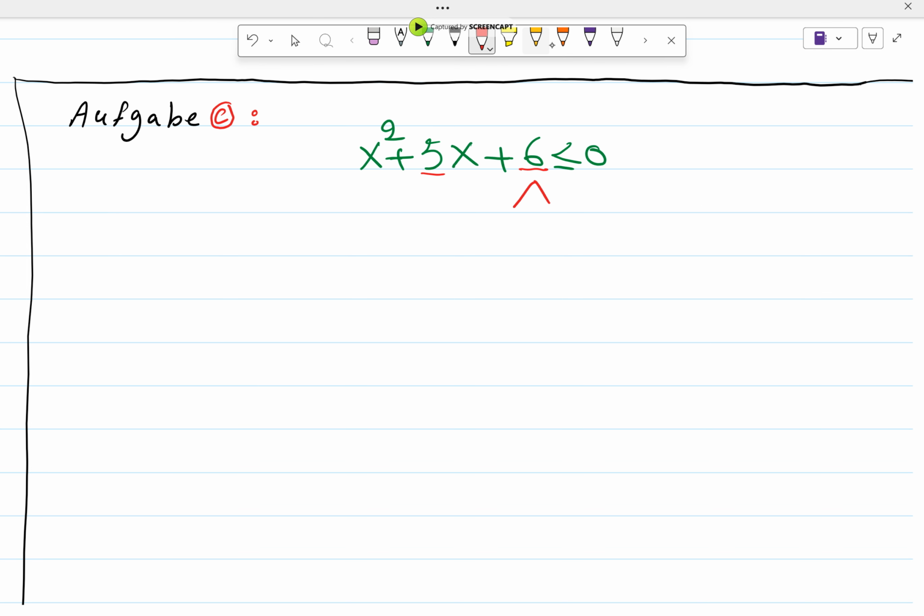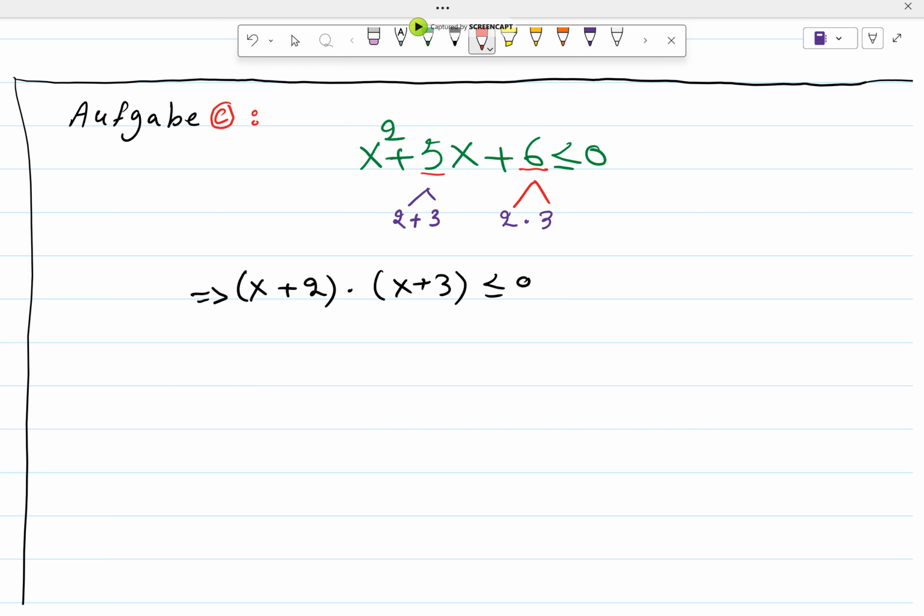Now I want to find these two numbers. 2 times 3 is equal to 6, and also 2 plus 3 is equal to 5. We find that, and now we want to factorize this: x plus 2 times x plus 3 less or equal to 0.